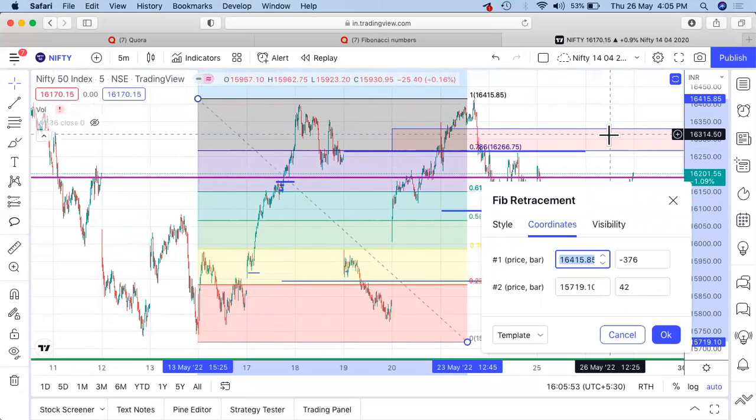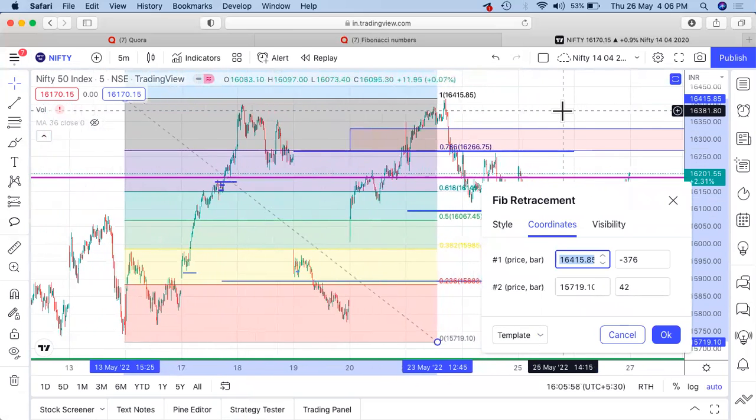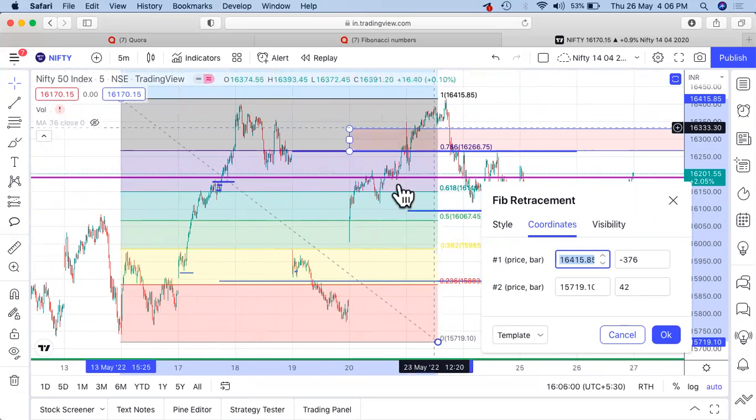While drawing a Fibonacci, we need to always consider the high and low points. That's it, nothing more than that, right? For example, if this high is 16414.7.